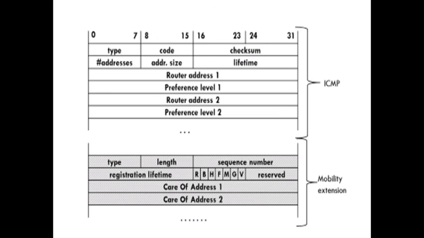The types of services they offer, all the foreign agents mention in their advertisement packet, which is this ICMP packet. So all these advertisements have an ICMP packet and also a mobility extension, two parts in the advertisement. This is how all the foreign agents advertise their presence to help the mobile node whenever it moves out of the home network.